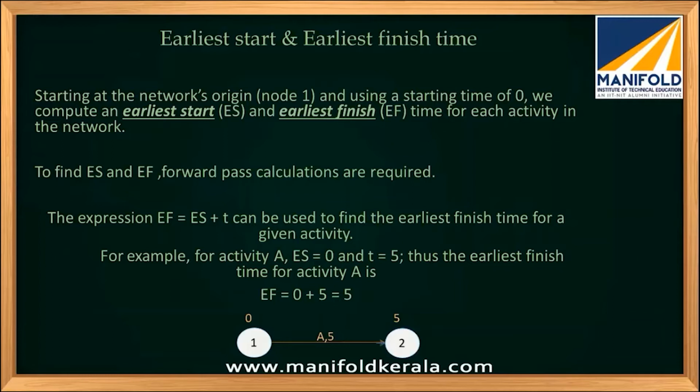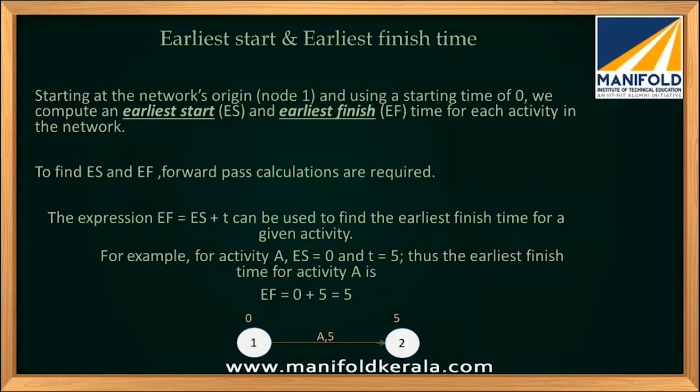To understand with an example, take the case of activity A having a duration of 5. The starting node is 1 and the ending node is 2. For all the initial starting nodes, not the middle nodes, the earliest start time is 0, which means I can start only at the 0th time.